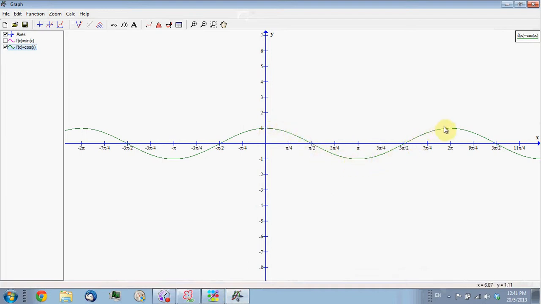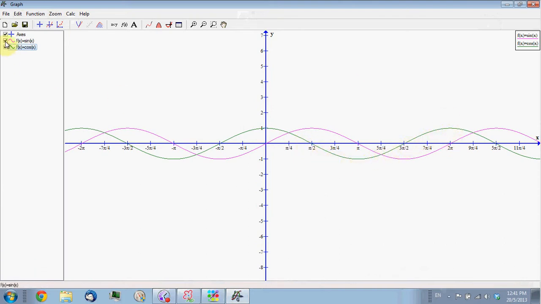You look at this: it starts at 1, goes down, back up, and ends at 2 pi. So it's a little different from the sine graph. The sine graph is the pink one. The sine graph starts at 0, goes to pi, and ends at 2 pi, while the cosine graph starts at 1, goes down and comes back up.